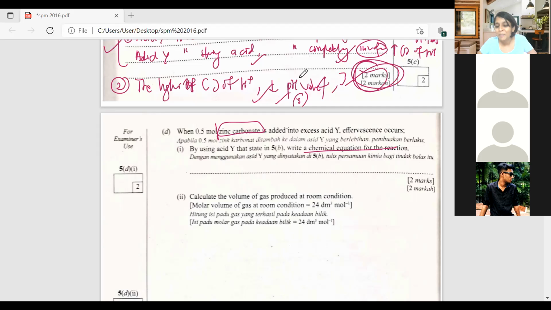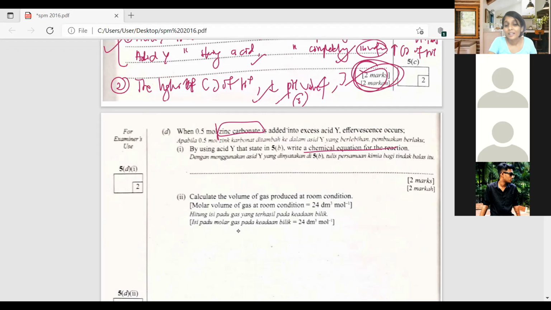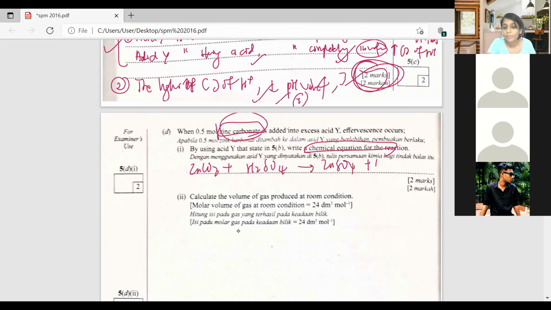Okay, never mind. Brandy, since you are here, can I have you doing the chemical equation for me? Zinc carbonate plus sulfuric acid. ZnCO3 plus H2SO4, excellent. Arrow ZnSO4 plus CO2 plus H2O. Okay, excellent. How to get 2 marks, Aimi? Teacher taught just now.